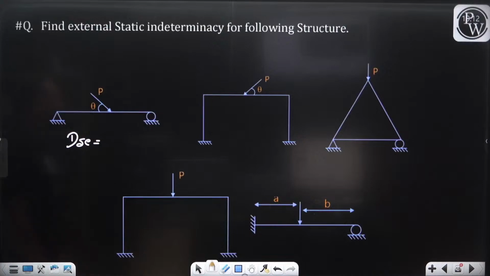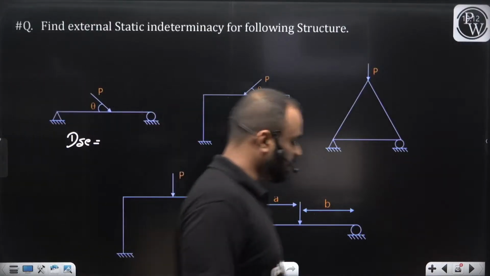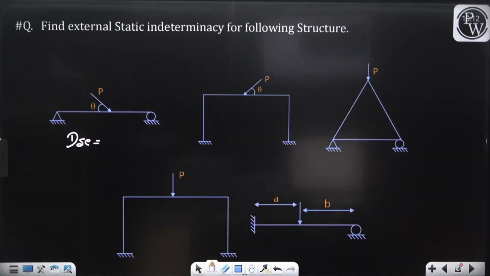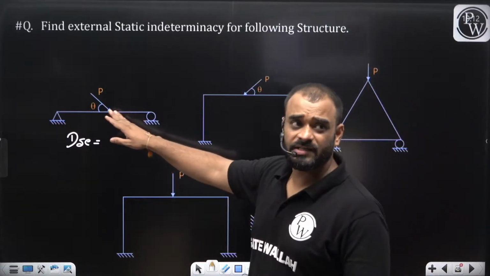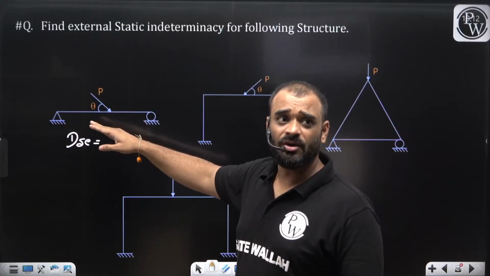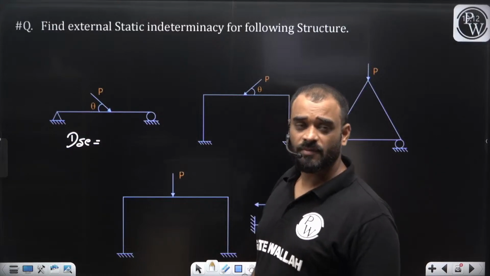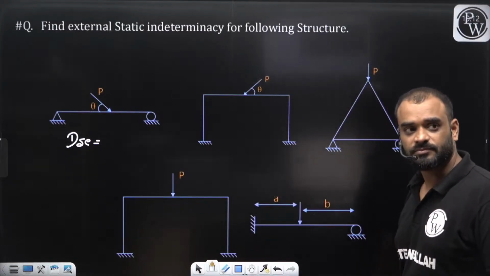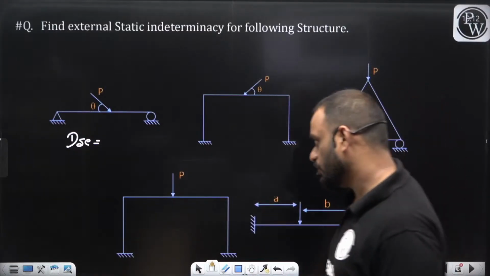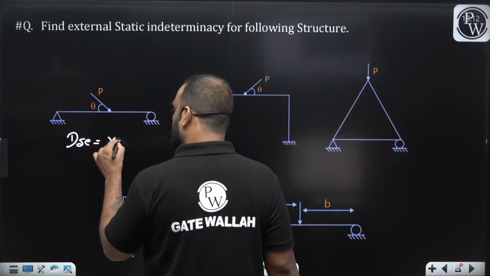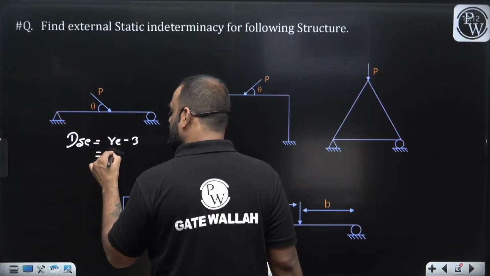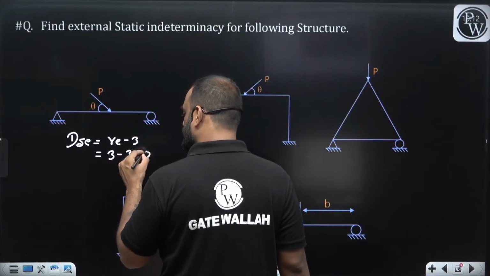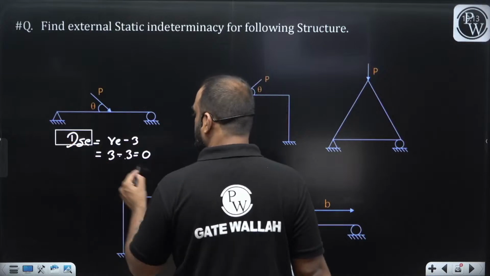Please do it by yourself, guys. Quickly. It is 0 or not? 0. Very nice. That means it is Re minus 3. So we'll write here 3 minus 3, it is equal to 0, sir. That means first structure is clear to us.